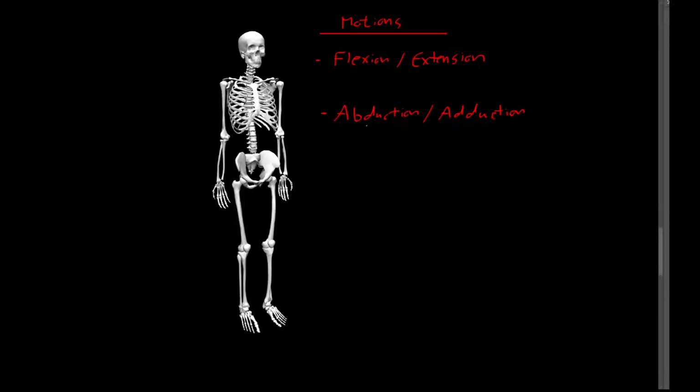Sometimes you'll hear people explicitly say abduction versus adduction to really differentiate these two, because if you're talking quickly, it can be hard to hear which one somebody is saying. Then I want to talk about internal and external rotation.